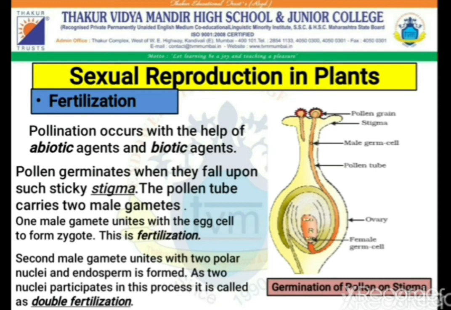Now the second male gamete is combining with the two polar nuclei and it forms the endosperm, which is actually providing nourishment. Since the fertilization is carried out two times, this is called double fertilization. This double fertilization results in the formation of a zygote that is getting converted into a seed.